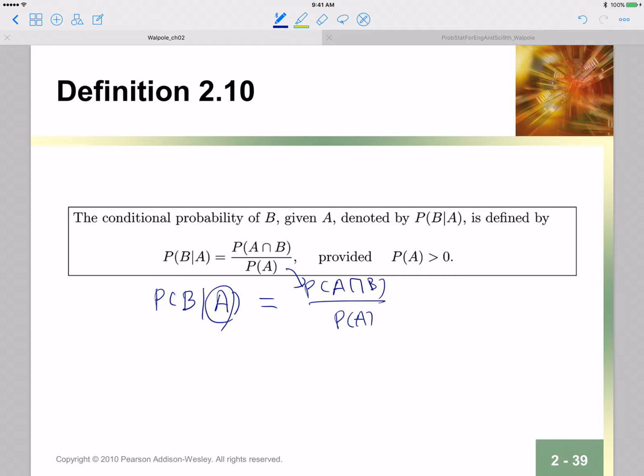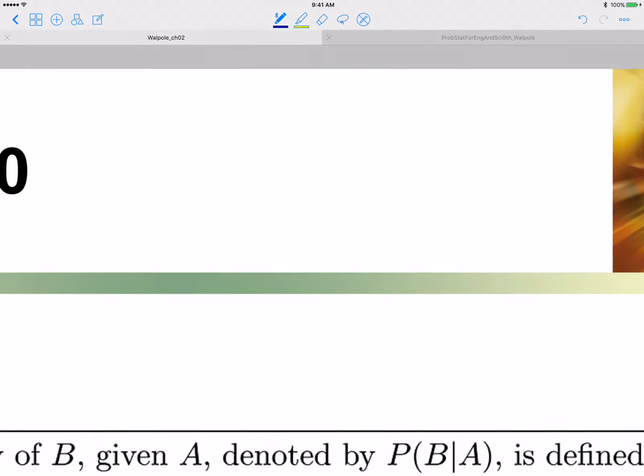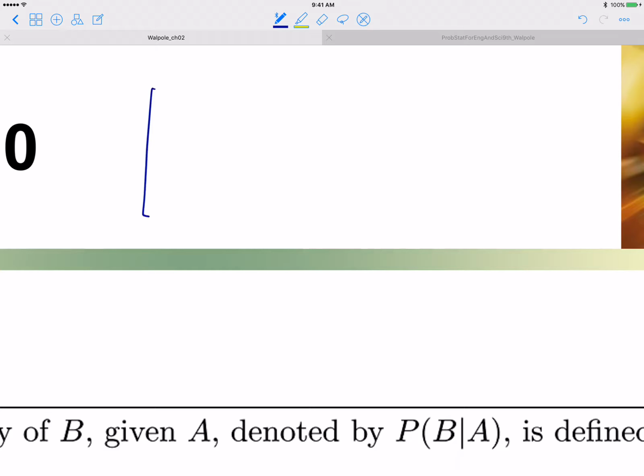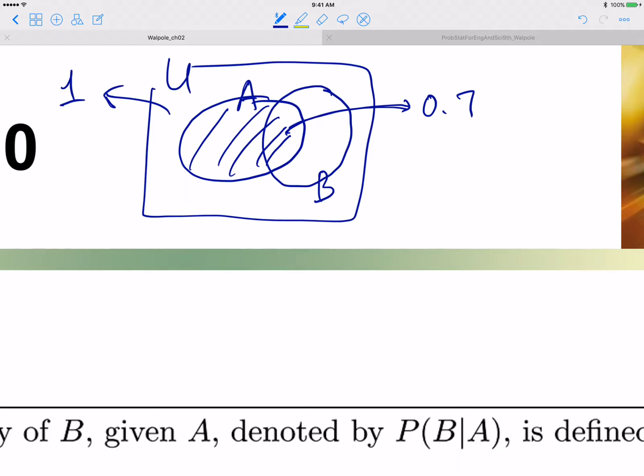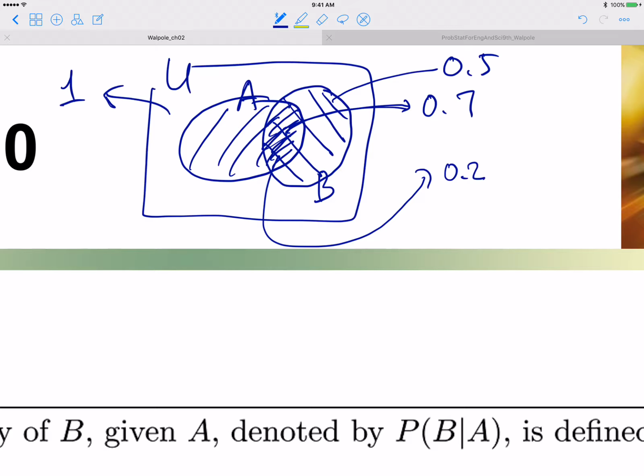And then, let's see. Our universe, the area is 1, and this one has the area of 0.7, and this is called A, and then B is something like this, okay? This part is 0.5, and this intersection is 0.2.